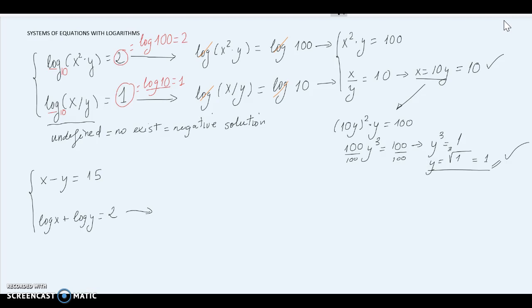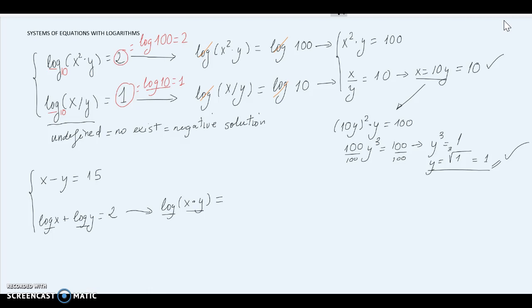If you remember the properties, we can rewrite the addition of logarithms like multiplication. So we can put log of x times y. The addition of two logarithms is transformed into only one logarithm of the product of x and y.